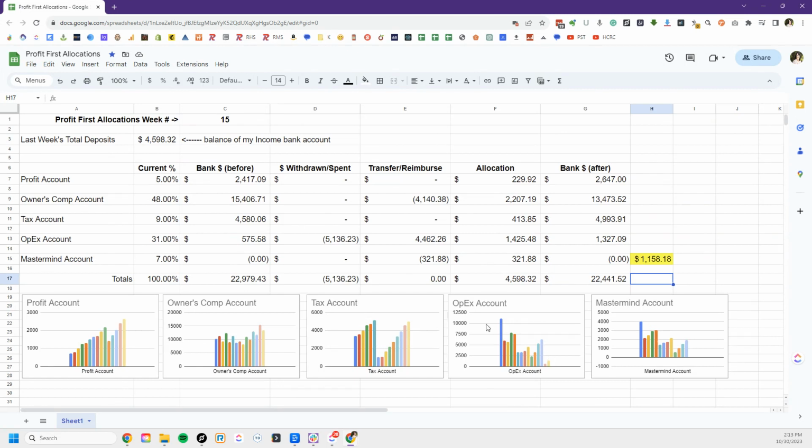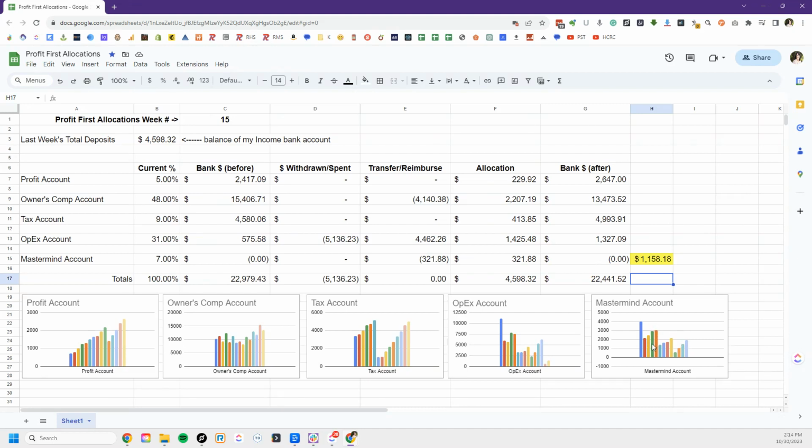And then OPEX, this is the craziness of OPEX. By having the extra accounts, I'm trying to eliminate a lot of this craziness that you see with the up, down, up, down. And then my mastermind builds up, and all of my mastermind account transactions include the monthly dues plus my travel expenses for any in-person meetings, and that is all funded by this mastermind account.